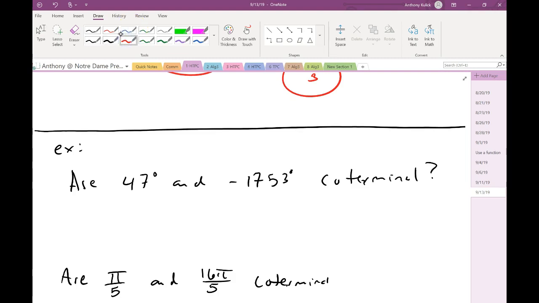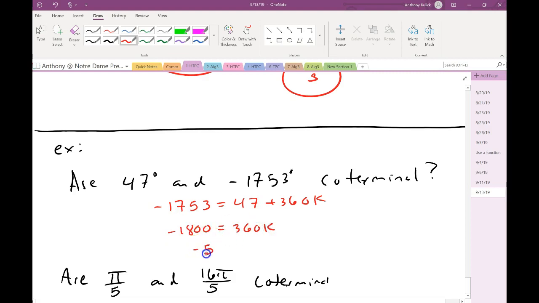All right. For the first one here, what did you guys find? Yes. Good. So the way to set this up is this: if I subtract 47 from both sides, and if I divide both sides by 360, I get that k is negative 5.